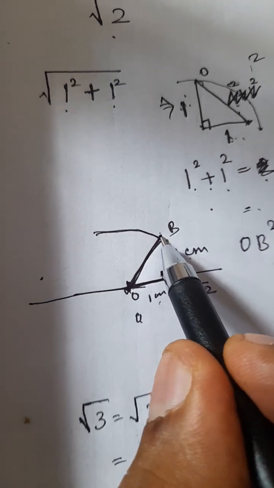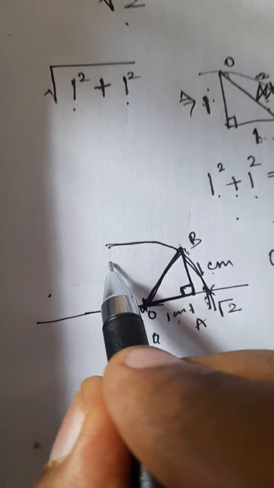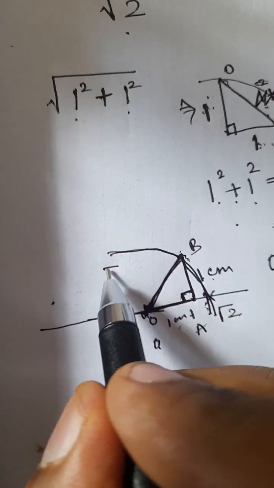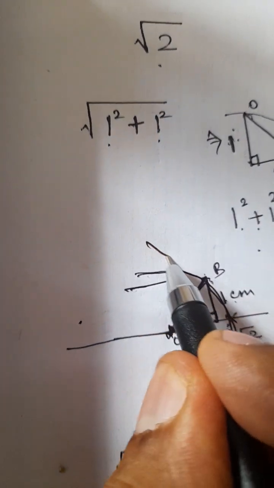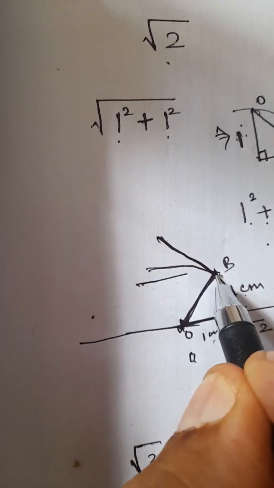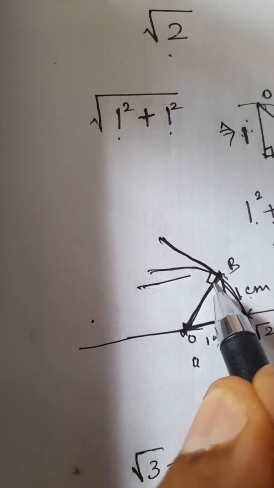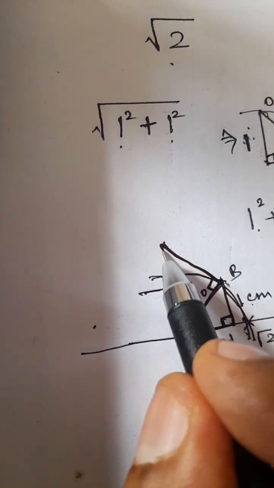So this is a point. With this point as my reference, I draw another line which is perpendicular to this line. This is 90 degrees. I join this line.